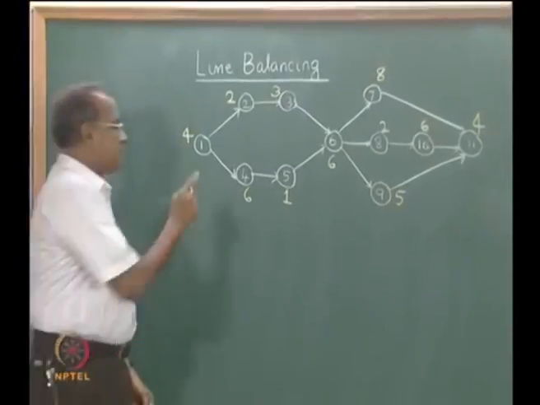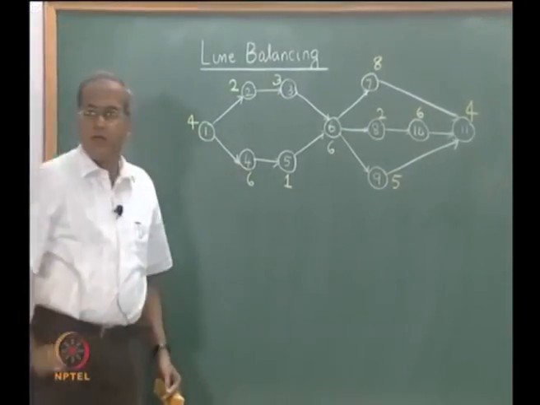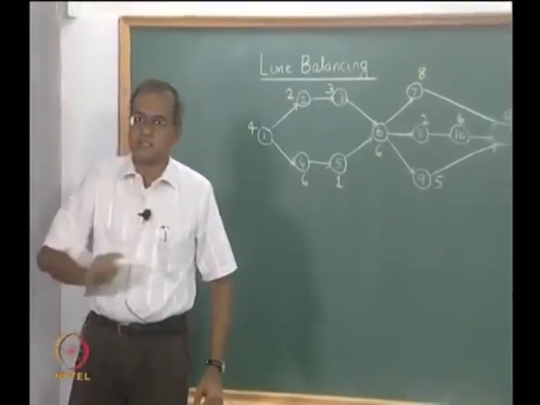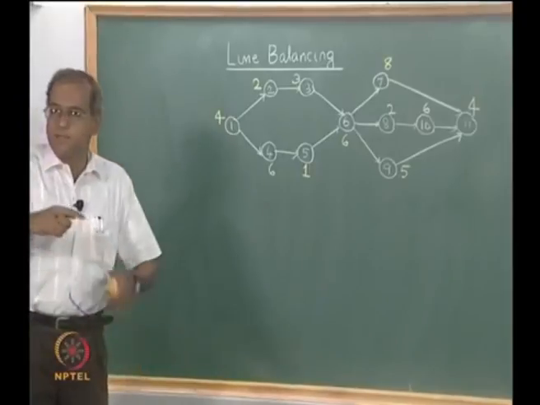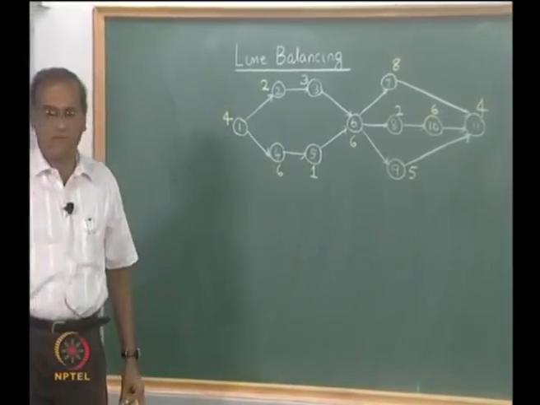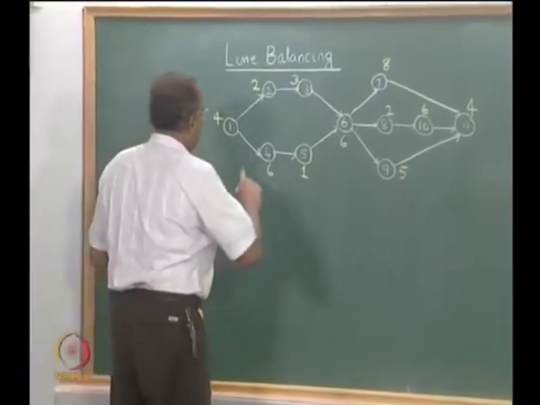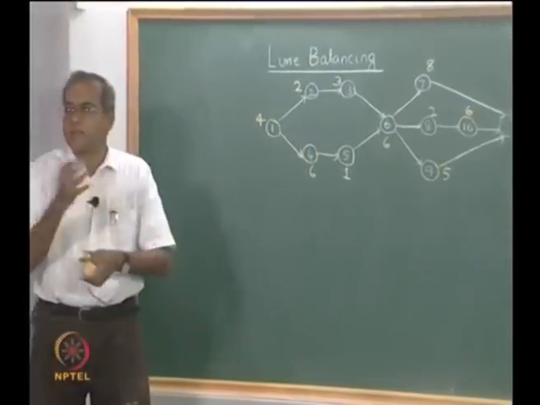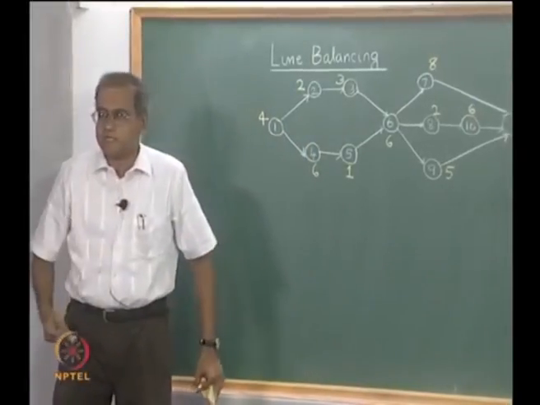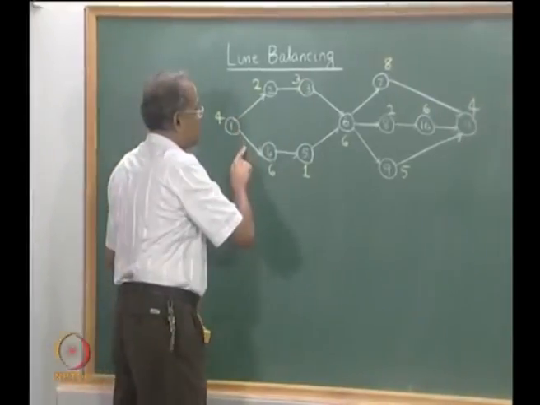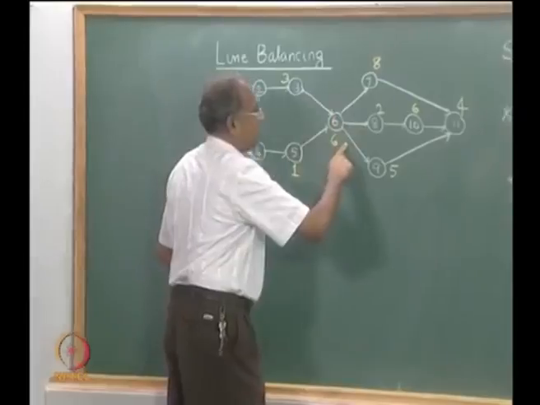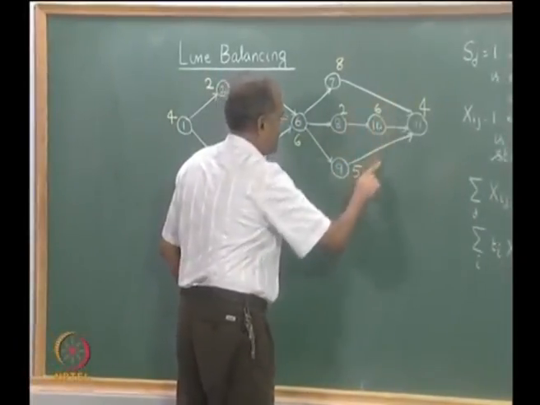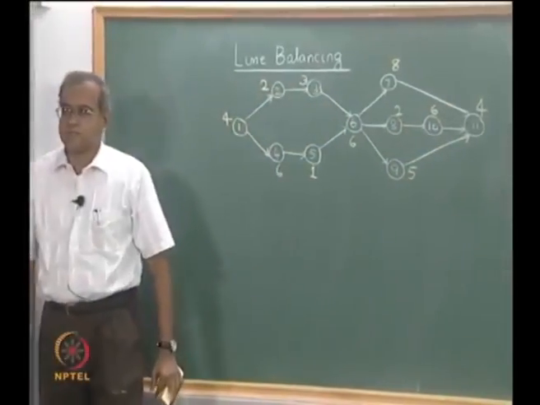Similarly, to capture the precedence relationship between 1 and 4, we will have 11 other constraints. So we have to first find out how many precedence relationships we have. The number of arcs essentially represents the number of precedence relationships. So we have 1, 2, 3, 4, 5, 6, 7, 8, 9, 10, 11, 12 and 13 precedence relationships.